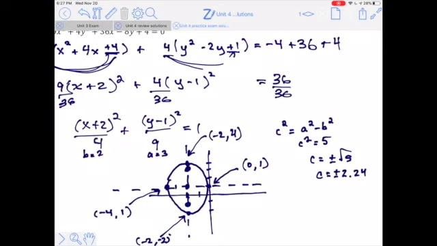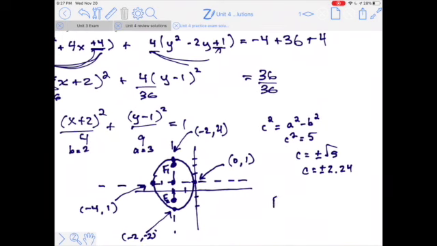It's a little tight inside that ellipse to label those points, so I'm just going to call one of them focus 1 and focus 2 and give their locations out here. So I was already up 1, and then I went another 2.24, so that's 3.24.